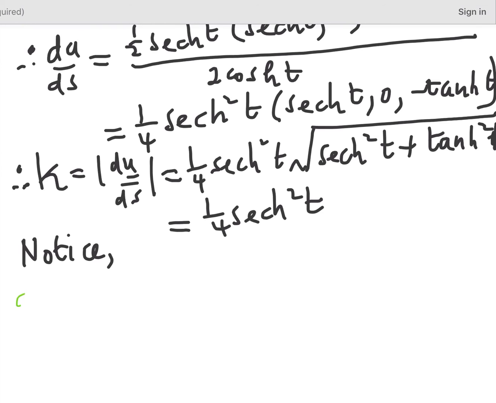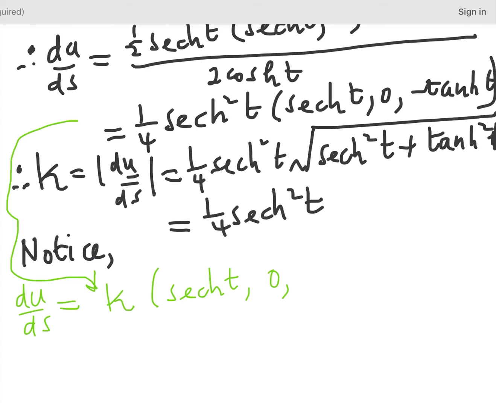Notice that du ds, looking at it from previously, if you look at du ds, that factor 1/4 hyperbolic secant squared is in fact kappa multiplied by hyperbolic sec t, 0, minus hyperbolic tan t.